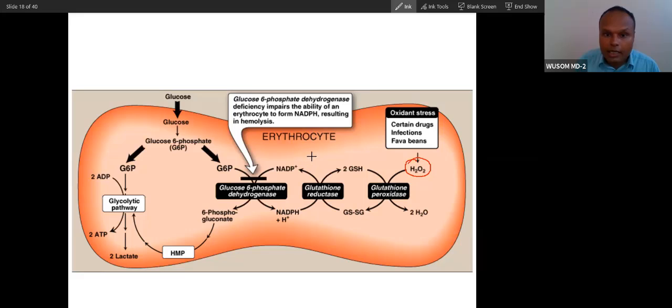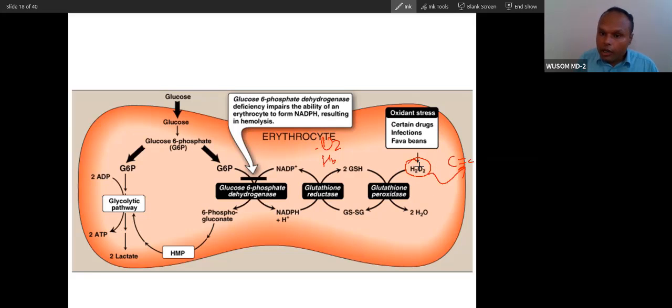RBC has many hemoglobin molecules, hemoglobin binds with oxygen, and that is why RBC is very much exposed to oxidative damage. The membrane of RBC is exposed to damage, and because of that there is a chance of formation of peroxide free radical. This peroxide free radical will damage the double bonds present in the membrane.